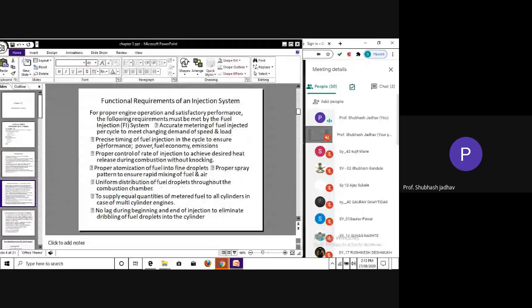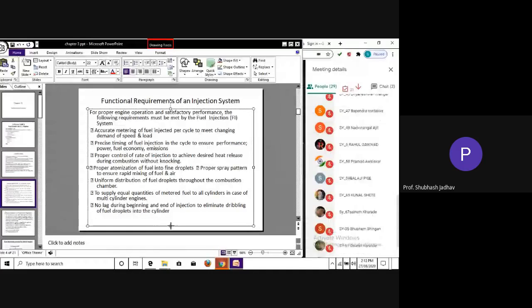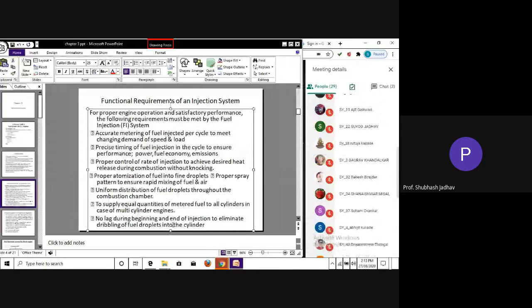Now coming to the functional requirements of the engine fuel system, that is, for proper engine operation and satisfactory performance, the following requirements must be met by the fuel injection system. First one, accurate fuel metering. Your fuel has to be metered accurately.